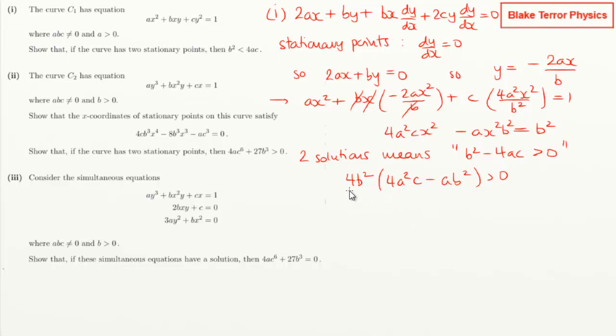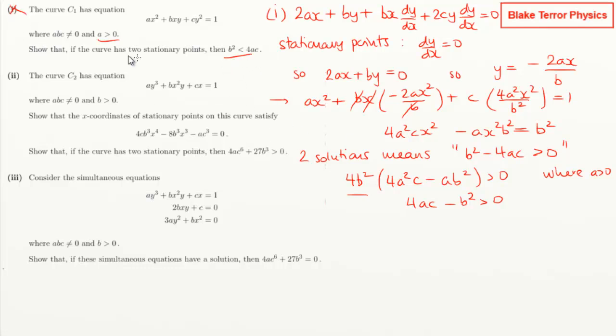Okay, so that bit's greater than 0 already. I can divide by a, and a is greater than 0. They've given that in the question, so that's good. So that means that 4ac minus b squared has got to be greater than 0. And there we go. So that's just dropped out.